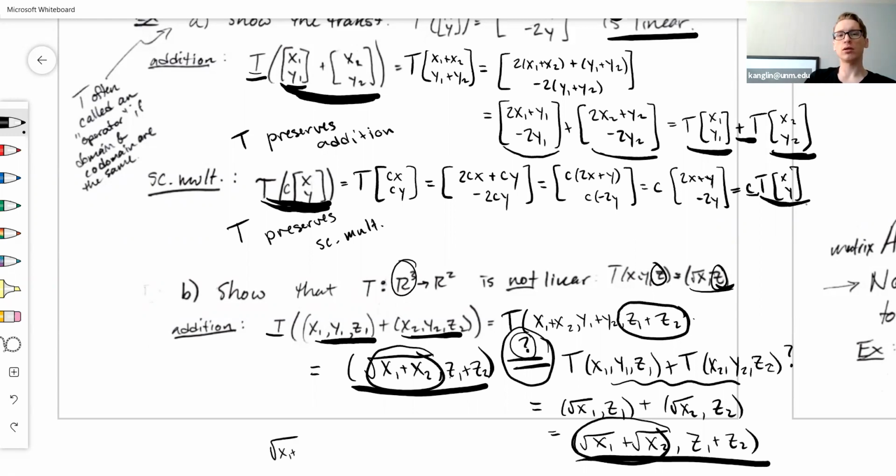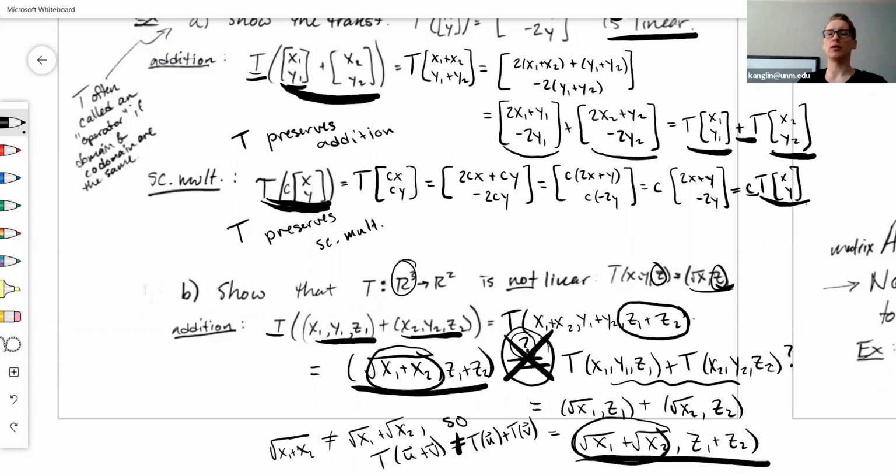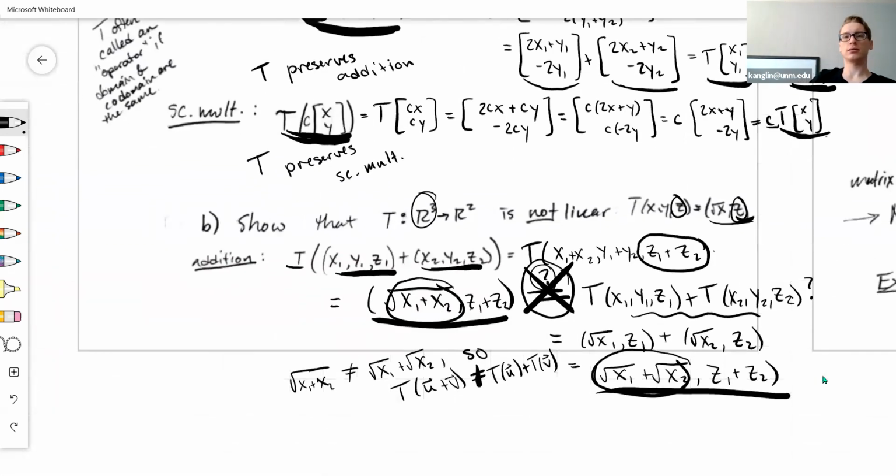So the transformation applied to a sum does not equal the sum of the individual transformations. Not equal. That means T is not linear in this case.